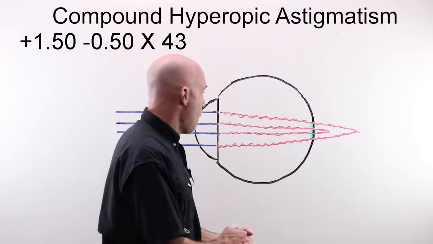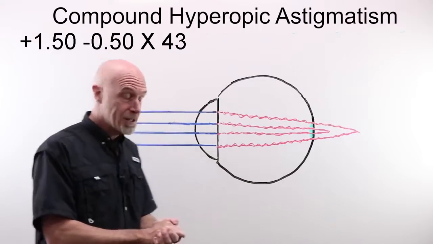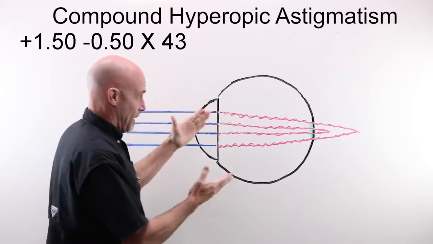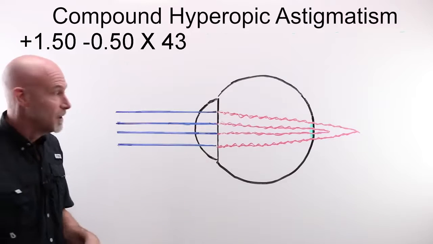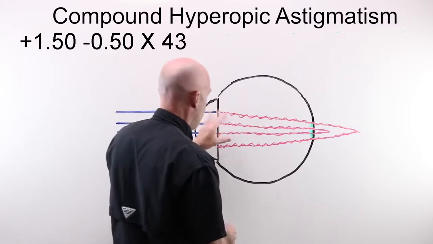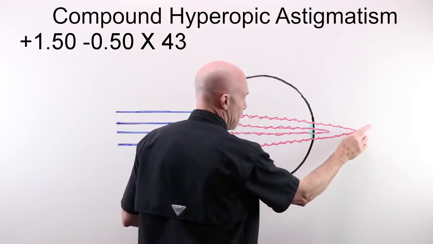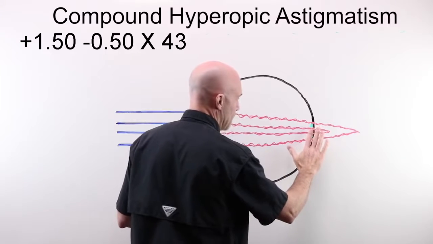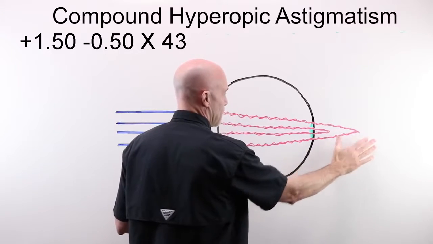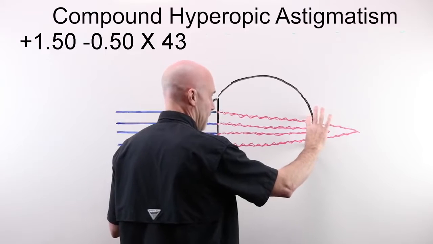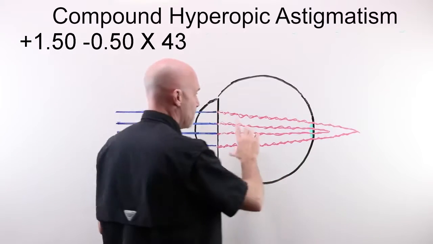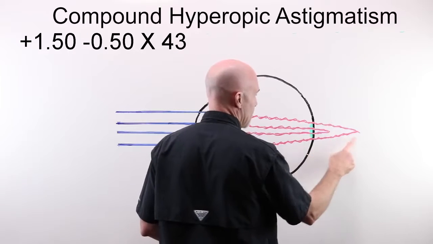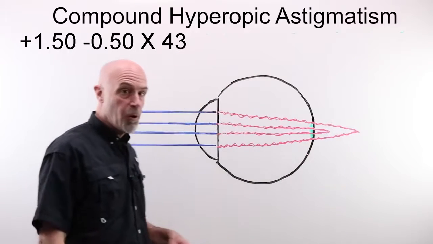Next up would be compound hyperopic astigmatism, and that looks like this. Same eyeball, same cornea, same rays of light enter the eye, and they fall on an imaginary point past where they need to be. We want them here, and they're ending up out here somewhere. The actual rays are missing that central point. Some of the rays miss a little bit. Some of the rays miss by a whole lot.